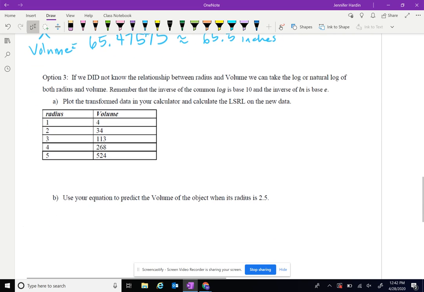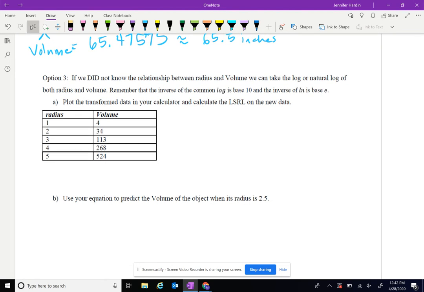Okay, option 3 is the option that I would use if I didn't realize that radius and volume had that cube root relationship. So if you do not know what that pattern is, because you don't have any reference for how those things are related, then your only option is to go through and either take the log or the natural log of both the x's and the y's.